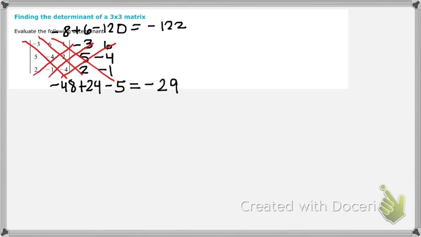And then from there, I'm almost there. The determinant is going to be equal to the bottom number, so it's going to be -29, minus the top number. So this is going to be -29 minus a negative 122.